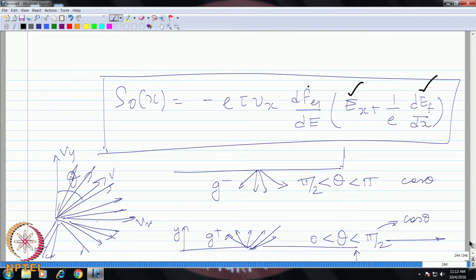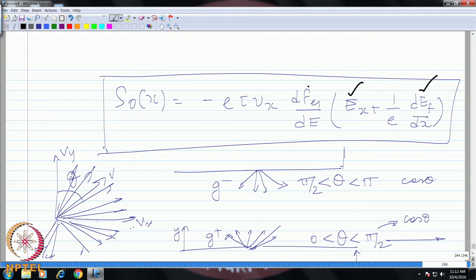So, therefore, if you look at the top boundary, for example, the top boundary is going to scatter whatever electrons come to that boundary, all going in the negative y direction. So, therefore, the direction cosine for this will be negative. Okay. So, the theta in that case will be varying from pi by 2 to pi.